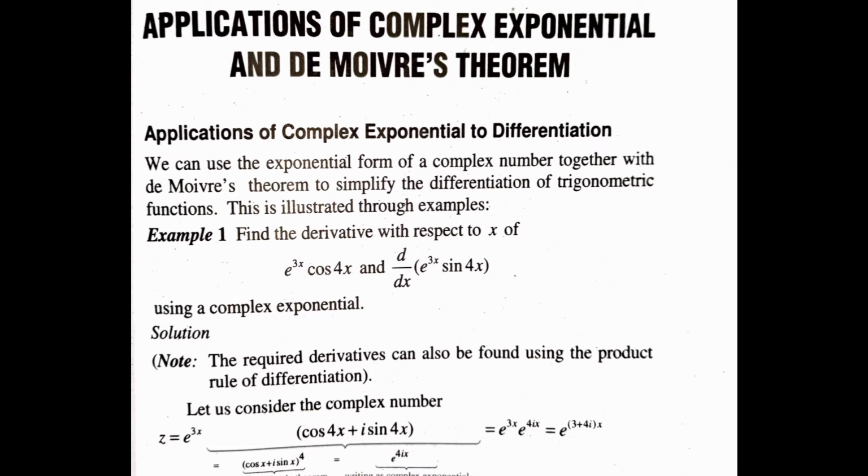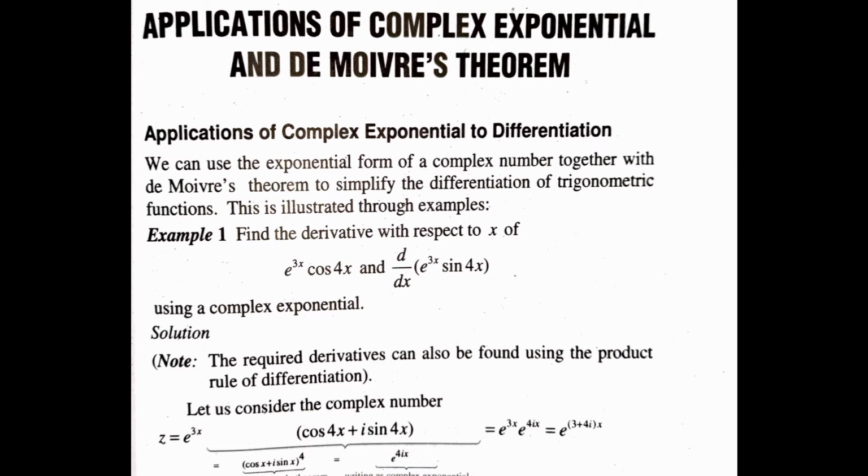Let us consider the complex number z equal to e raised to 3x into cos 4x plus i sin 4x. Here we are applying De Moivre's theorem. Then we can write e raised to 3x into e raised to 4ix. We know that a raised to m into a raised to n is a raised to m plus n.